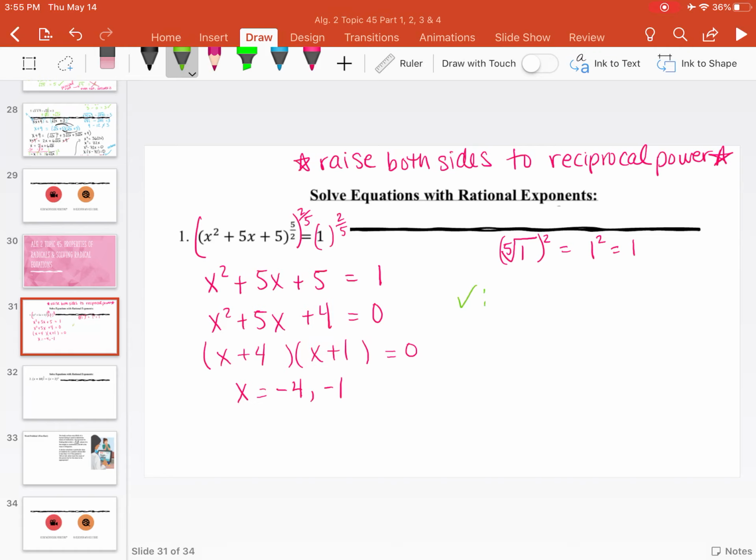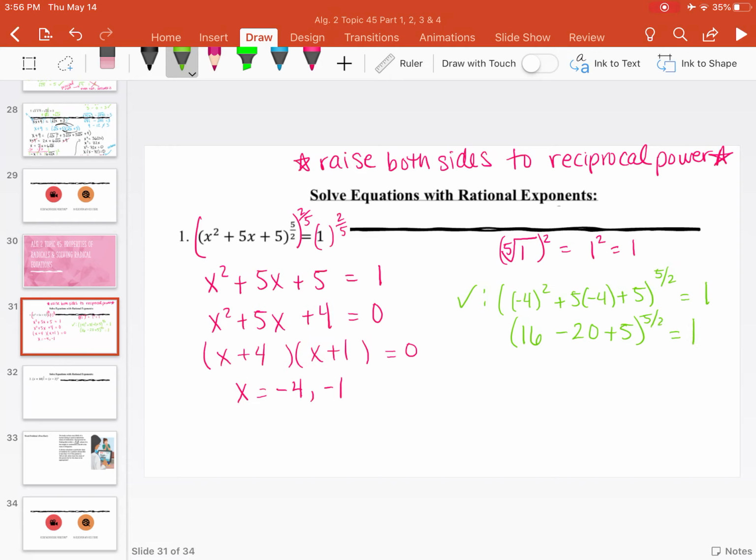If we plug in -4, we have (-4 squared plus 5 times -4 plus 5) to the 5/2 power equals 1. -4 squared is 16. 5 times -4 is -20, plus 5, to the 5/2 power equals 1.